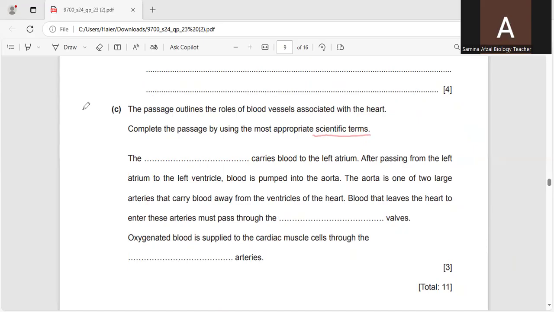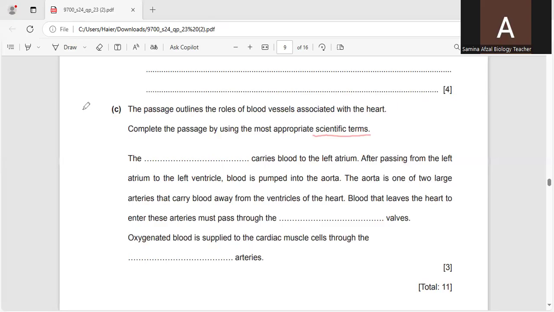After passing from the left atrium to the left ventricle, blood is pumped into the aorta. The aorta is one of the two large arteries that carry blood away from the ventricles of the heart. Blood that leaves the heart to enter these arteries must pass through the dash walls. Oxygenated blood is supplied to the cardiac muscle cells through the dash arteries.